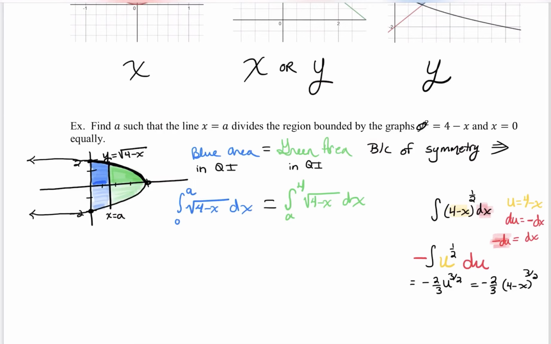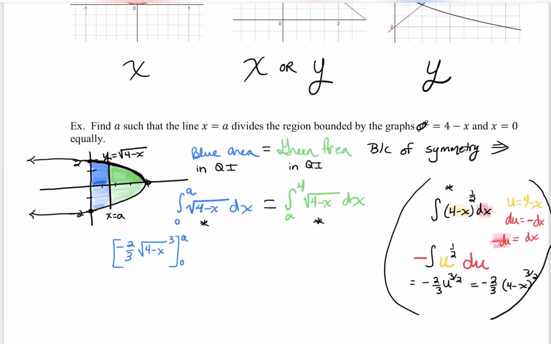Okay, so that is going to be, just kind of go off to the side since they're both going to be the same, that is going to be our value there. All right, so bringing it back in, on the left-hand side we have our negative 2/3, and maybe we just think of this as the square root of 4 minus x cubed, since we're going to have to sub in a and 0.